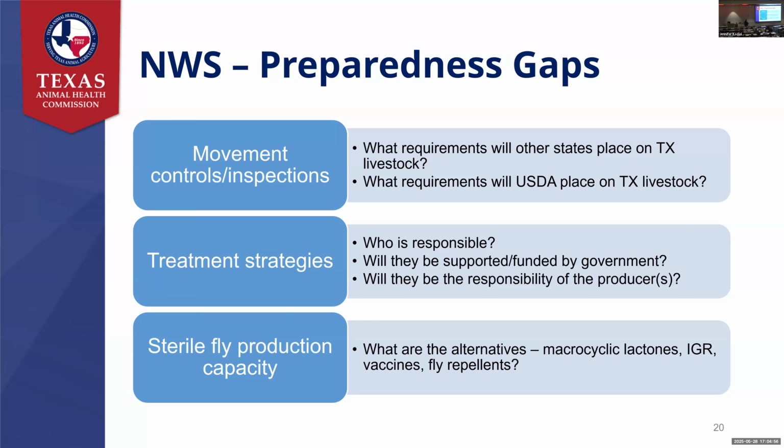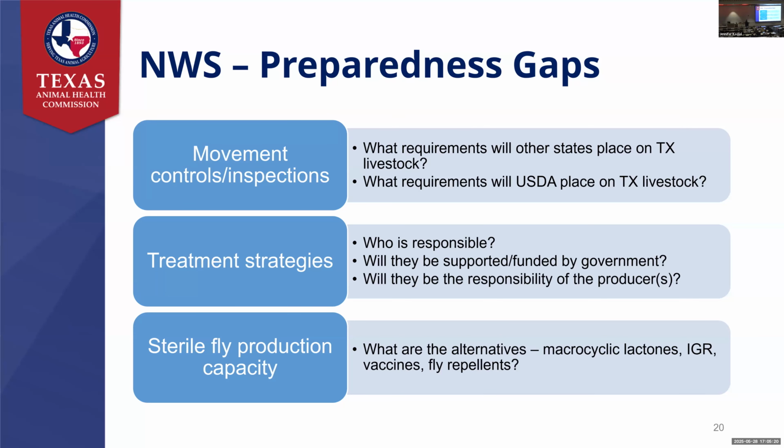Will they be supported or funded by the government? I'll tell you now, probably not. It's probably going to be up to the producer to deal with that. So heaven forbid we get New World screwworms and have to treat animals for that prophylactically. Hopefully there'll be some sort of ELAP funds one of these days, but nothing's guaranteed.